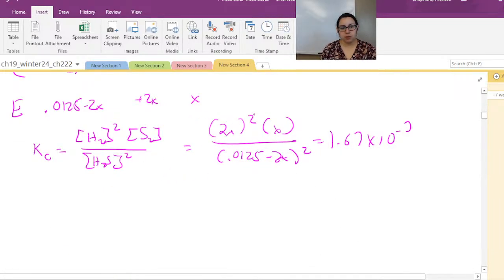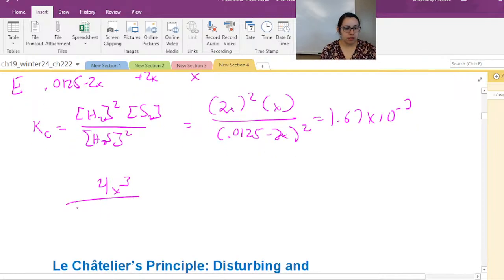So that's 4x squared times x, and now we're at 4x to the third. And we'll just leave this still as 0.0125 minus 2x squared equals our Kc.